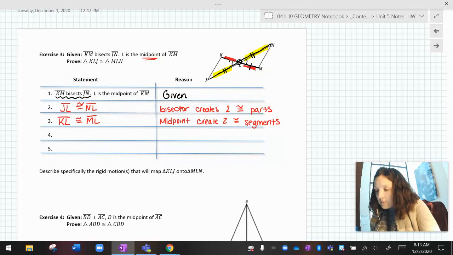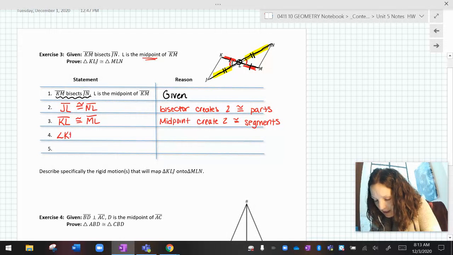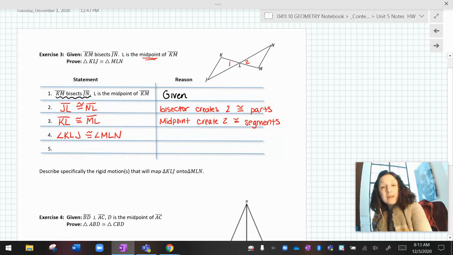All right, and then we said, I got two sides. Now I need the angle in between. These angles in between are congruent because they're vertical angles. So I can say angle KLJ is congruent to angle MLN. Or if you don't want to use 3 letters, I am absolutely okay with it if you made that angle 1 and angle 2. Totally fine.